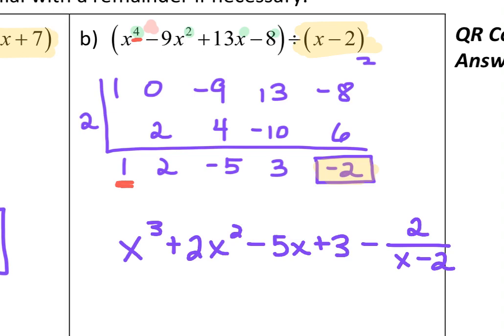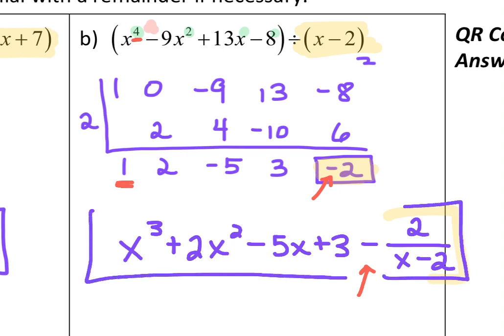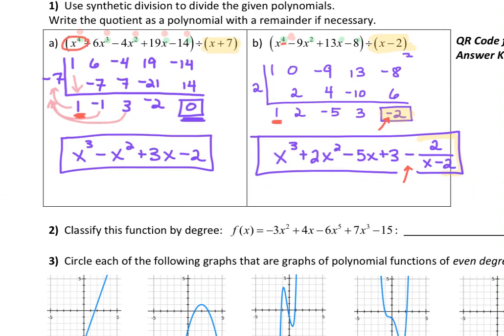So the remainder here is the 2 over x minus 2. And yes, you need that minus right there to show that your remainder was negative. And so my whole answer is x cubed plus 2x squared minus 5x plus 3 minus the fraction 2 over x minus 2.